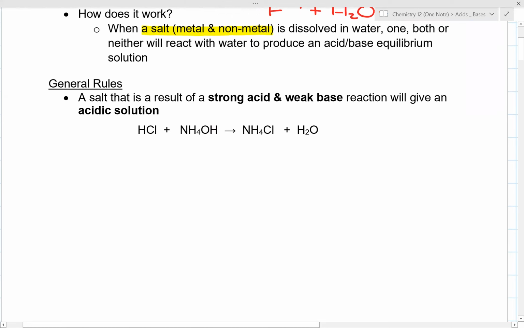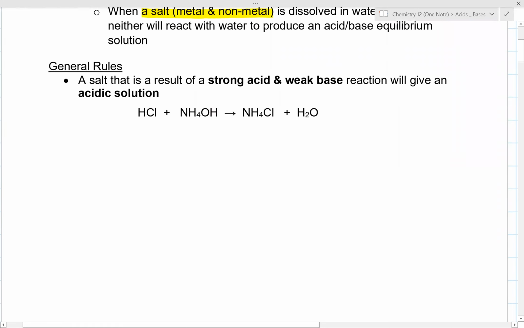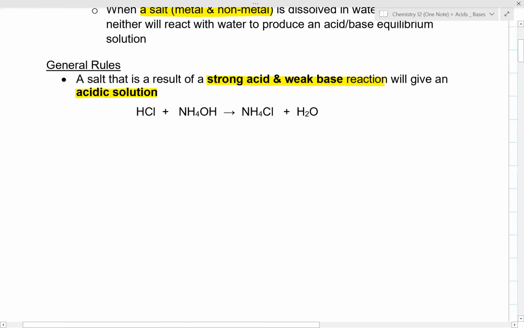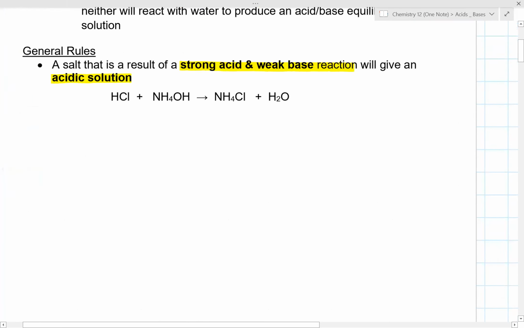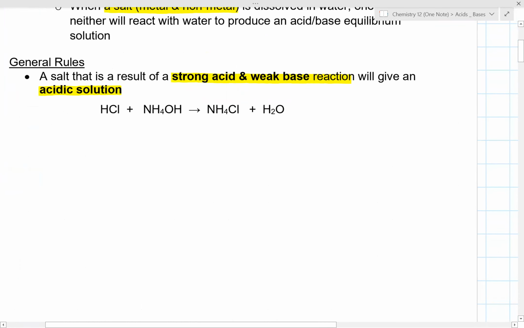So, a salt that is a result of a strong acid and weak base reaction will give you an acidic solution. Okay, so strong acid, weak base reaction will give you an acidic solution. Now, we have an example here. So we have HCl and NH4OH.